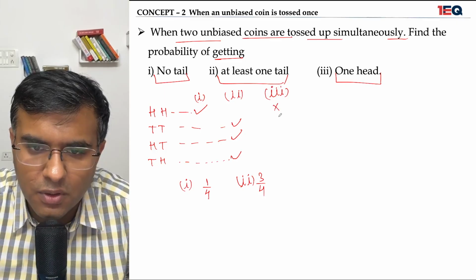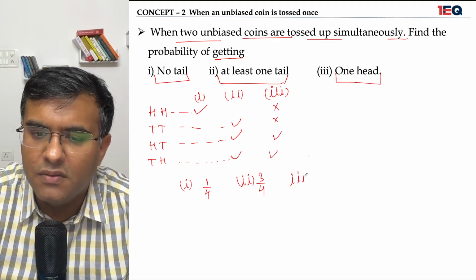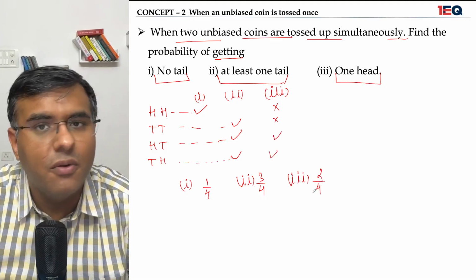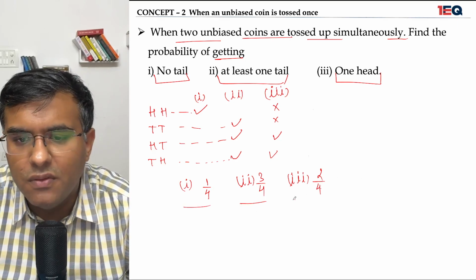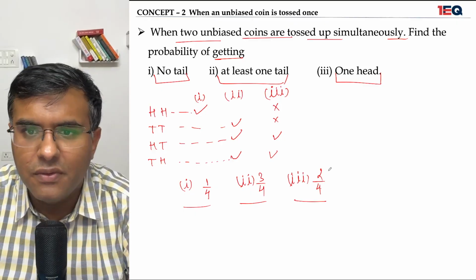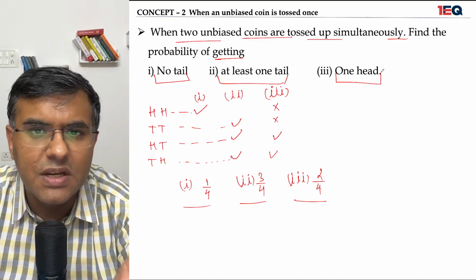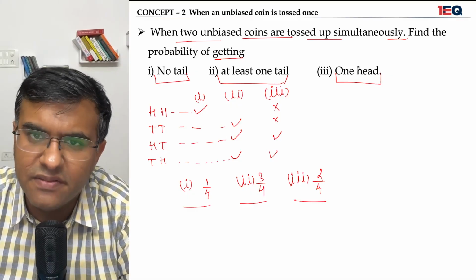So this is not going to work, this is not going to work, this is going to work, and this is going to work. So the possibility of the third one is 2 by 4. So I have given you the output of all the three. If you can create your sample space, then the question becomes very easy.